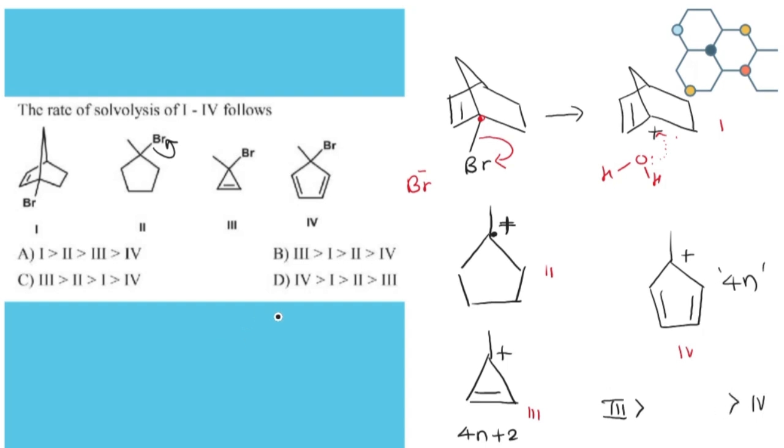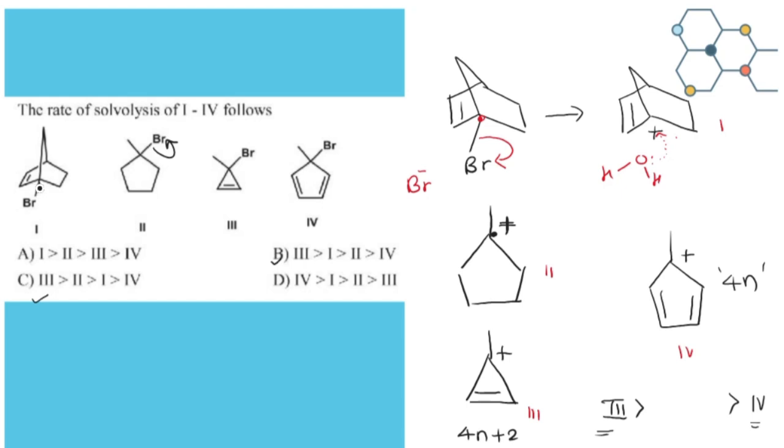Check if there is any such option. Third will be the highest, fourth will be the least. We have B as well as C. So that means we need to find out for 1 and 2 also. Now, whenever the carbocation is at the bridge carbon like this, it is considered less stable because this is a non-classical carbocation.